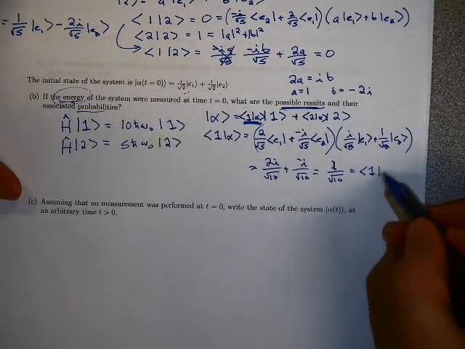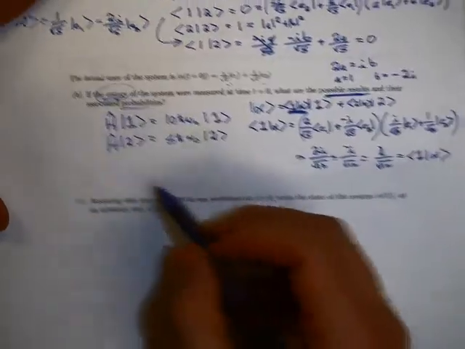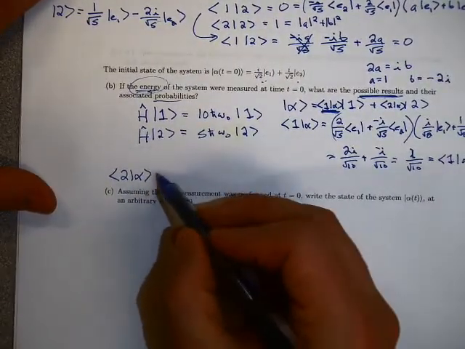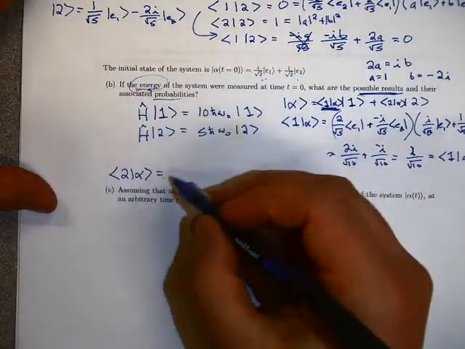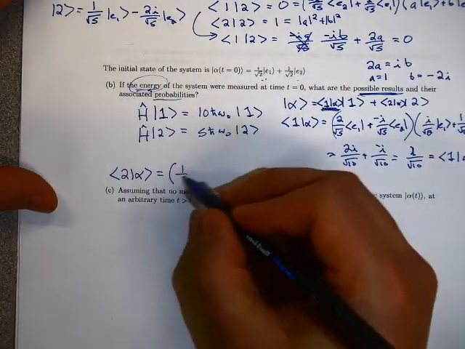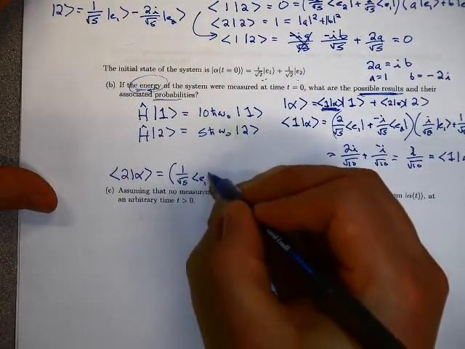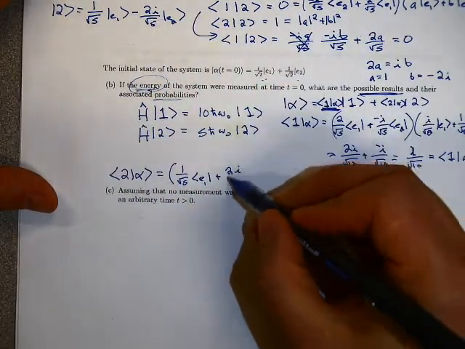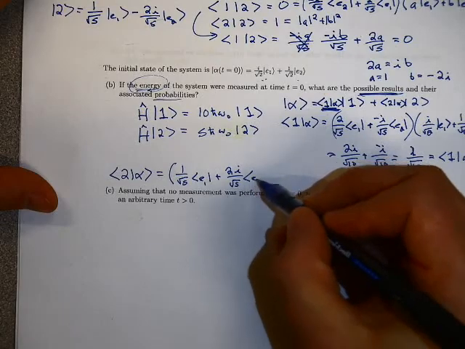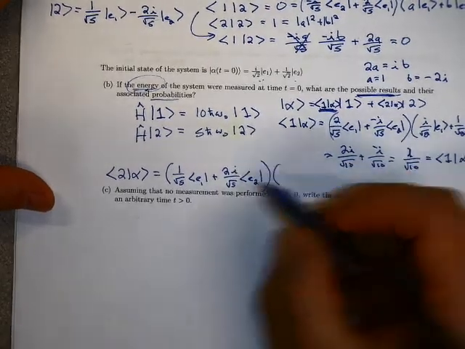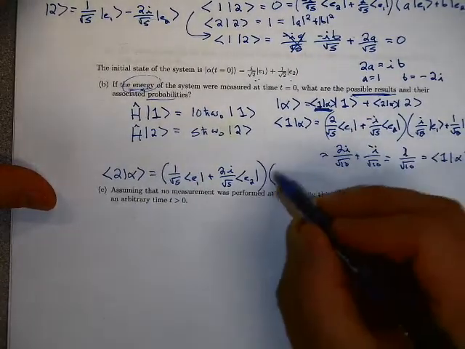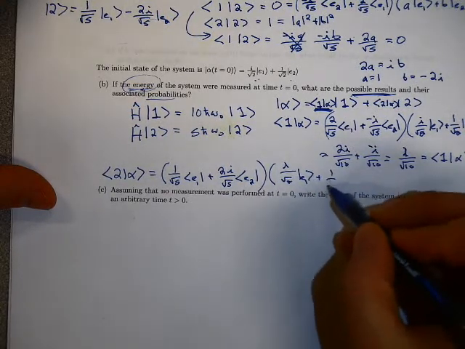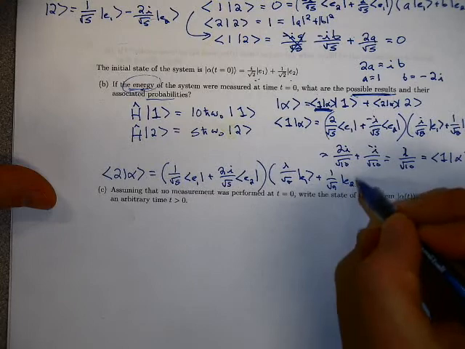That's 1 on alpha. To find 2 on alpha, we'll take the inner product of the state we found. So that's 1 over root 5 bra e1 plus, now I'm taking the complex conjugate, 2i over root 5 e2, and inner product with alpha, which was i over root 2 e1 plus 1 over root 2 e2.